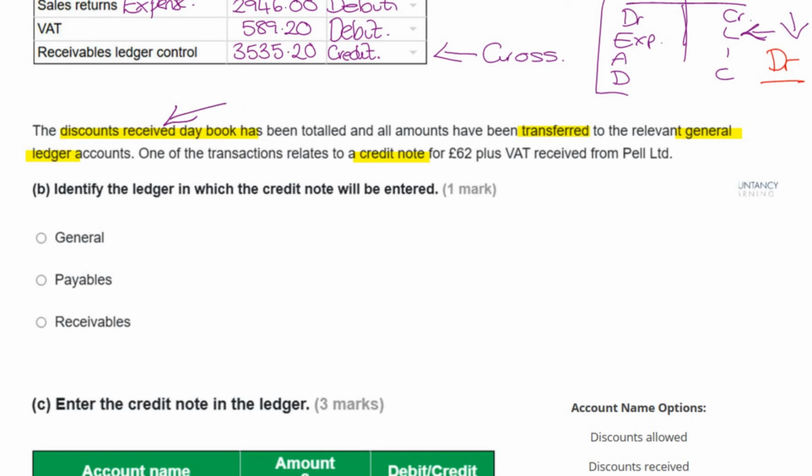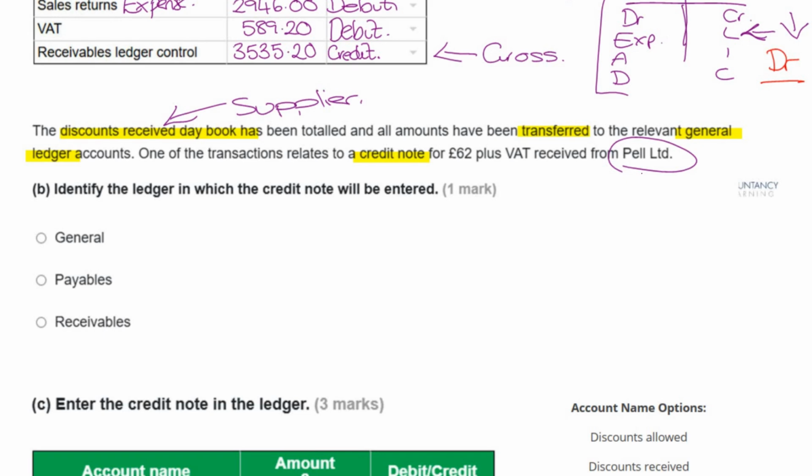So discounts received is from a supplier, so a supplier has given us a discount, and that supplier is Pell Limited. But because all those general ledger transactions have been done, it's going to be in one of our subsidiary ledgers that doesn't form part of the double entry.